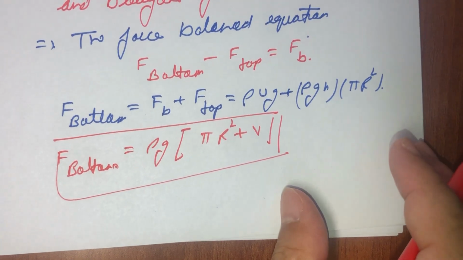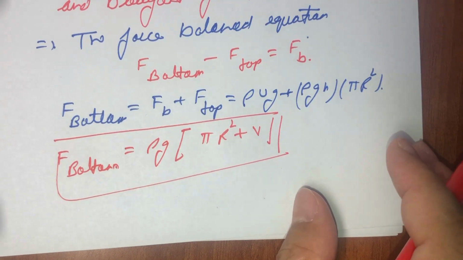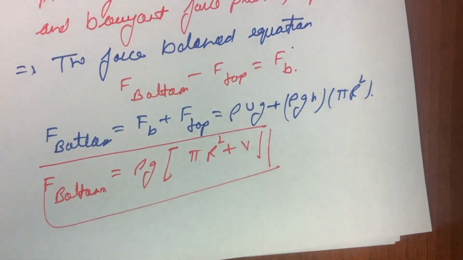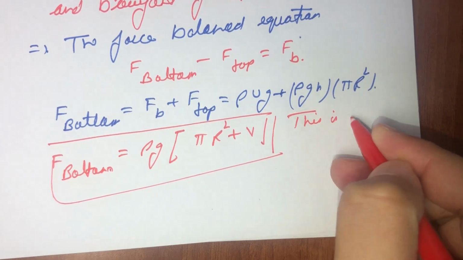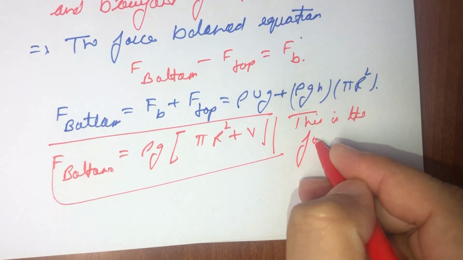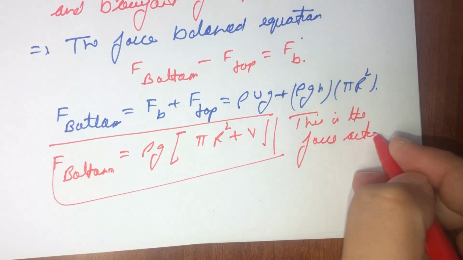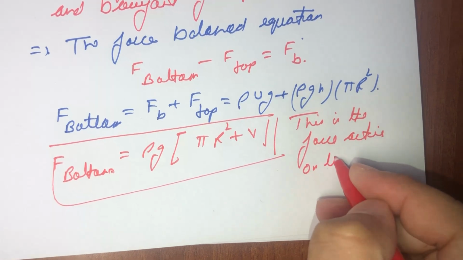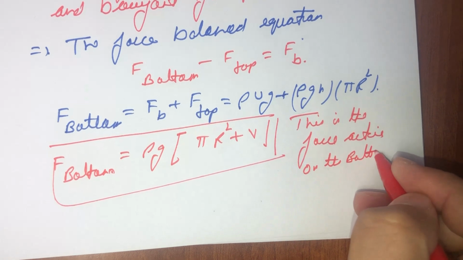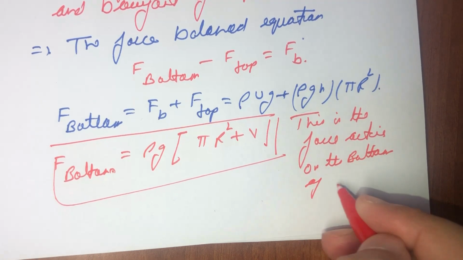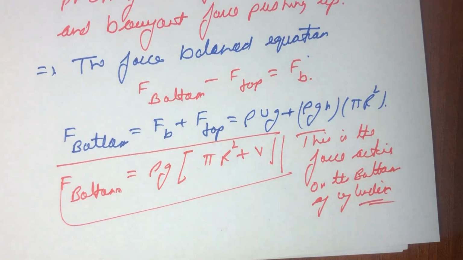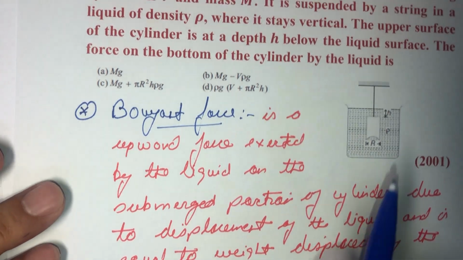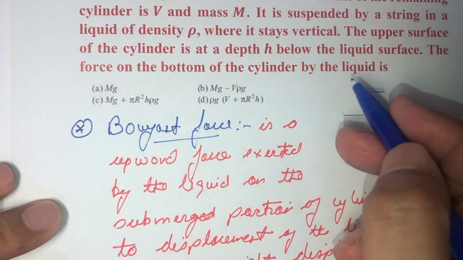So this is the force acting on the bottom of the cylinder, and from the options available to us, option D is the correct option.